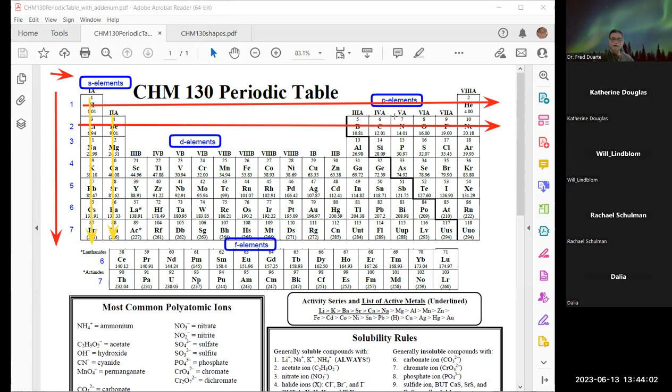Now we go across here, starting with group 3A, going across the periodic table. At this point, we call these the P elements. All of these highlighted here in yellow, starting with group 3A all the way across to the last column. Notice there are 6 columns.